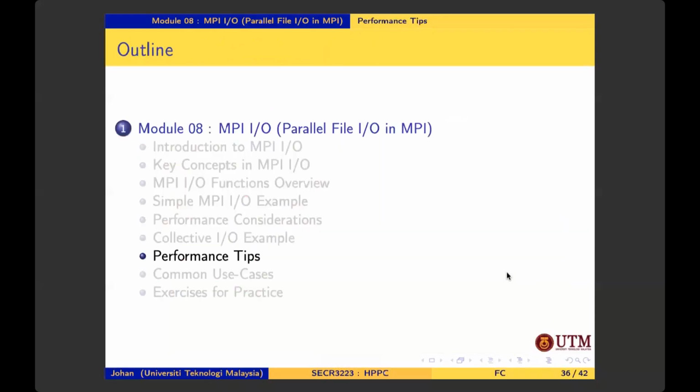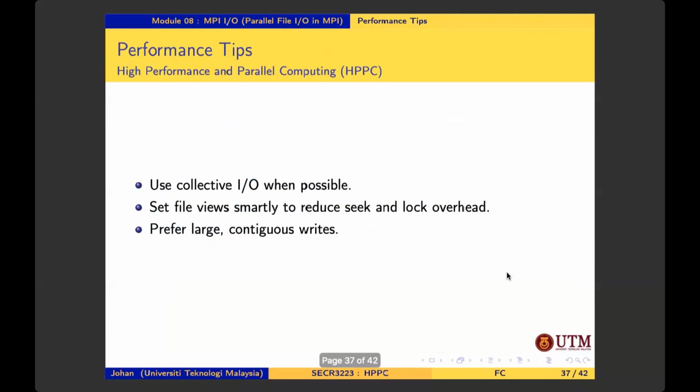Okay, so then performance tips. Use collective IO when possible. Set the file view smartly to reduce sync and loop overhead, and prefer large contiguous writes. That is regarding all the performance aspects of MPI IO.